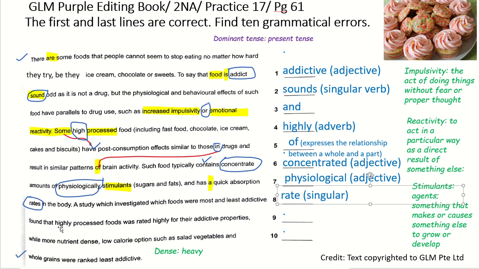Found out that highly processed food was rated highly for their addictive properties. So here I noticed that foods were. So here foods wrong. Okay, should be were. Right, should be plural.